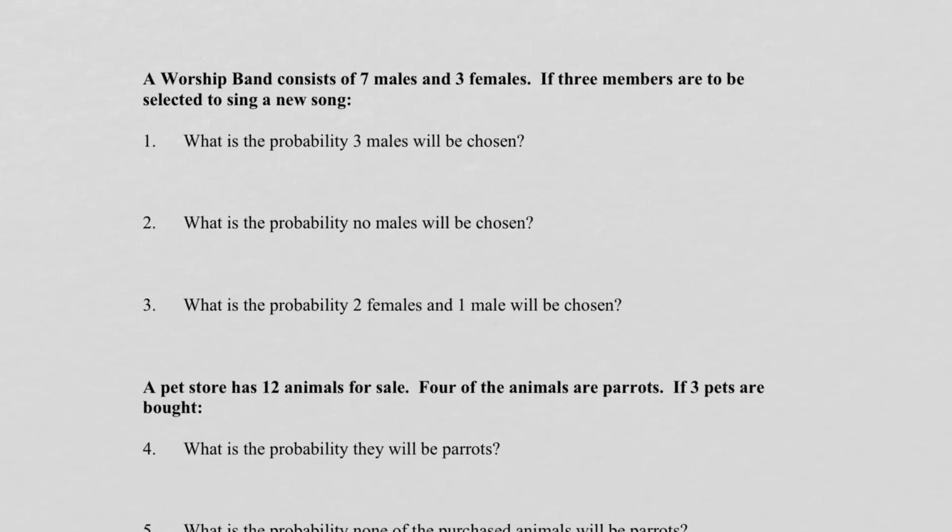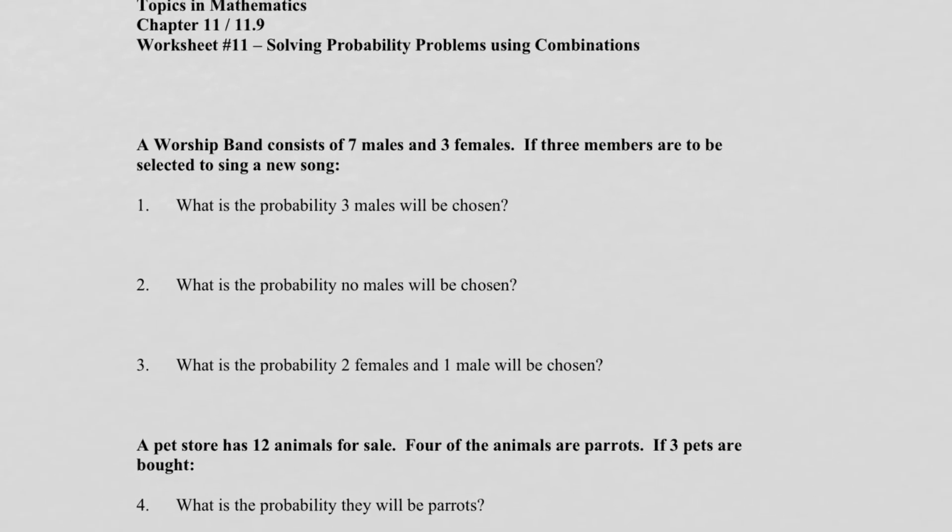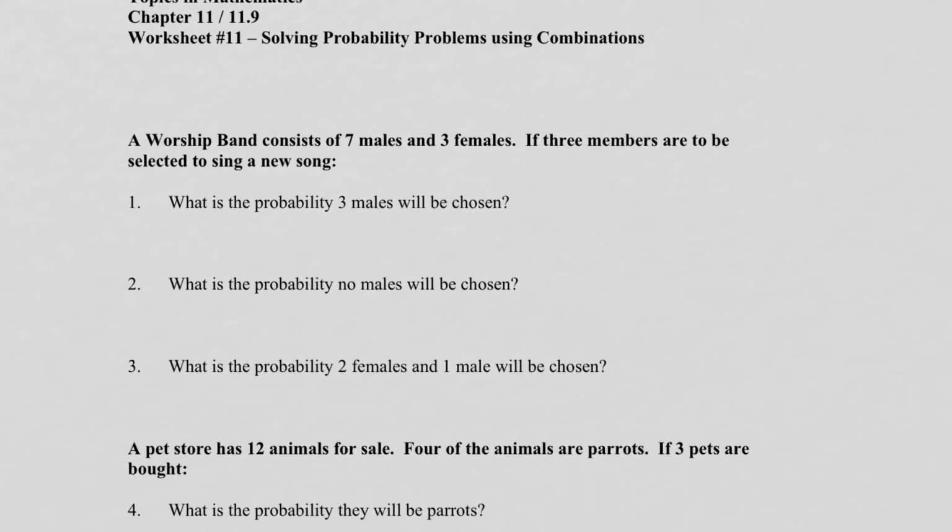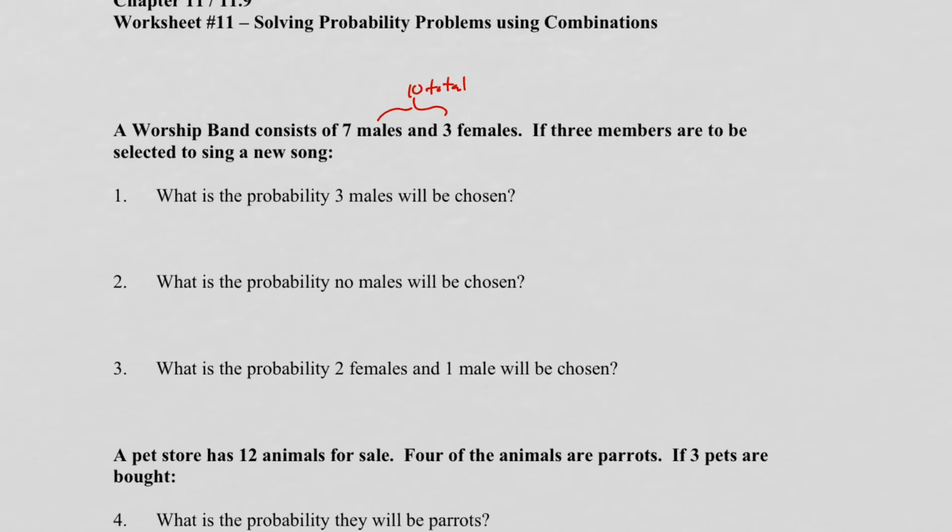okay? So take a look at, this is a little, actually it's very different, okay? So let's be careful. A worship band consists of 7 males and 3 females. How many total is that? All right. So that kind of just tells you, 10 total.